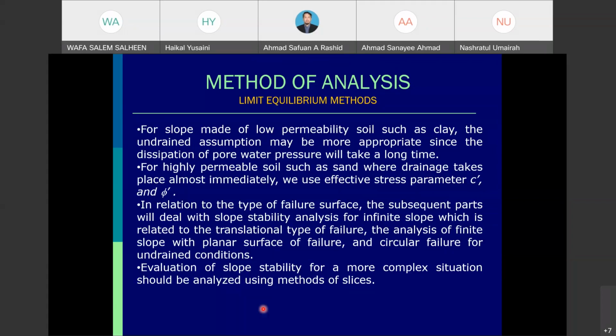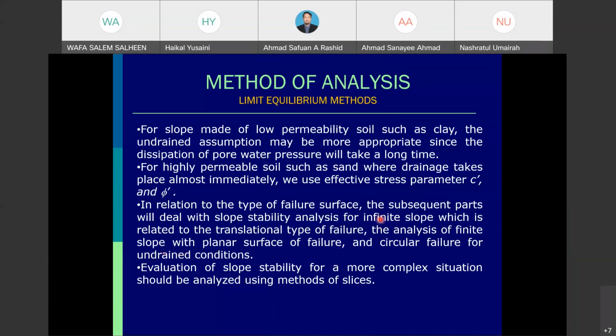Evaluation of slope stability for a more complex situation should be analyzed using the method of slices. This is a part of the explanation on the type of analysis based on the slope structure itself.